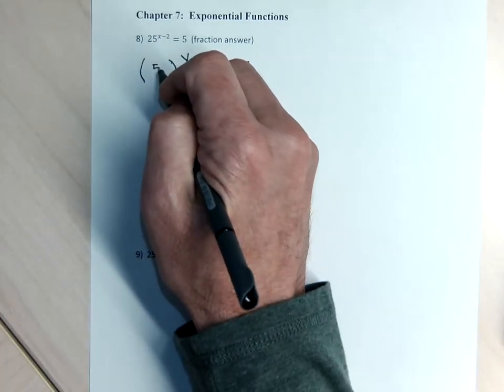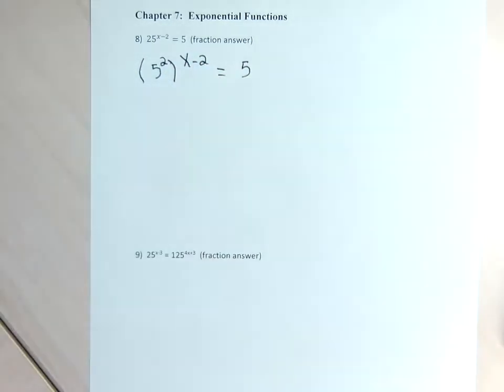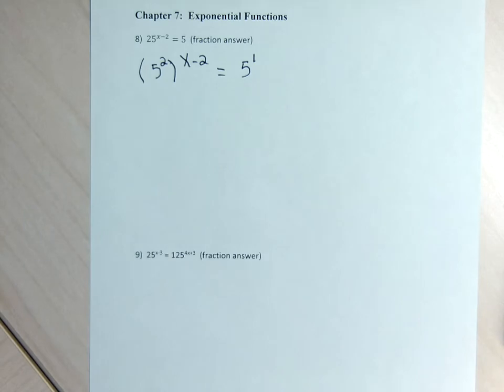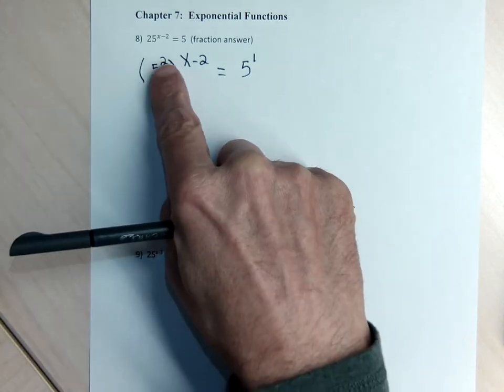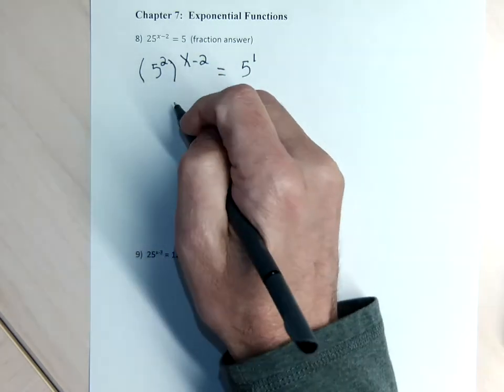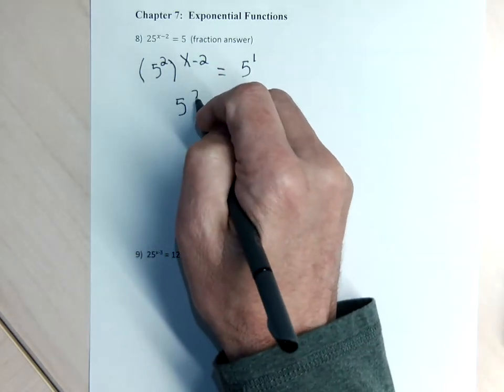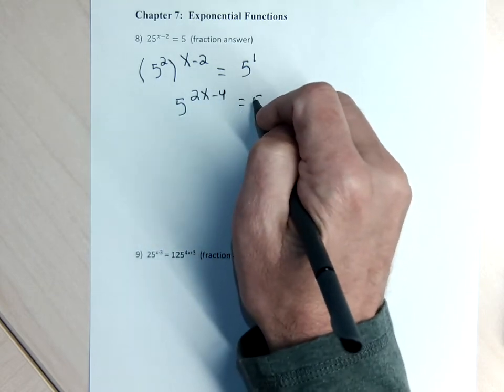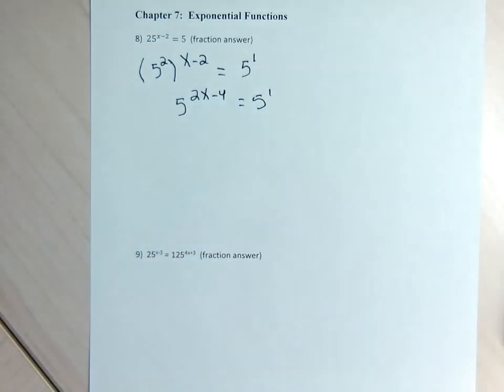Because it already has an exponent, I introduce the parentheses on the left-hand side. The right-hand side, the 5, has an implied exponent of 1. The new exponent that the 25 gets needs to be multiplied by the x minus 2. The left-hand side needs to be 5 to the 2x minus 4 power. The right-hand side is going to be 5 to the first power.